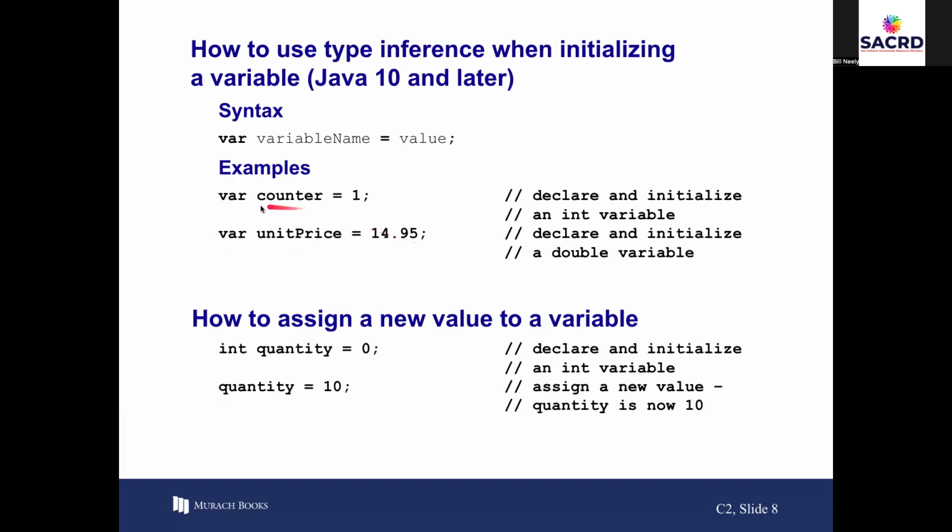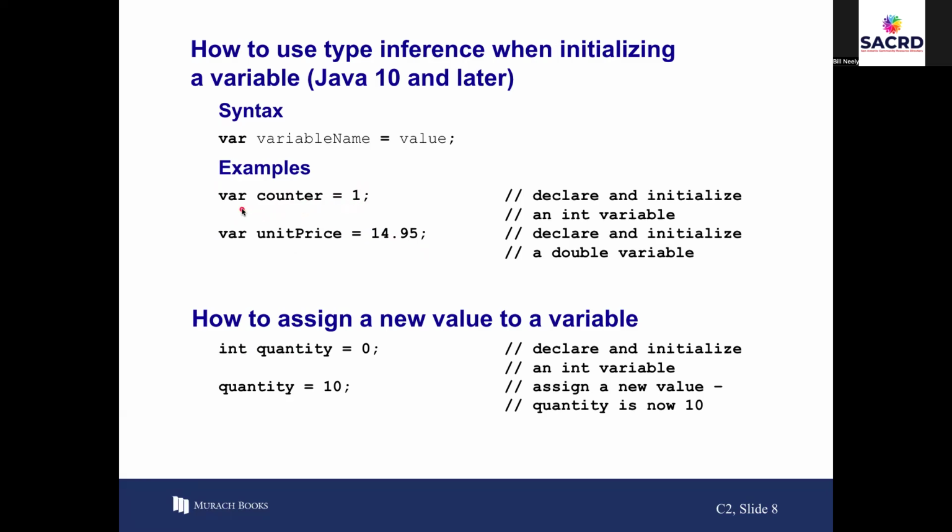You can also let Java pick the type of the variable using this var reserved word, this var instruction. In this case, the Java compiler will set the data type of this variable counter to whatever it infers is the data type of the expression on the right side of the equal sign.